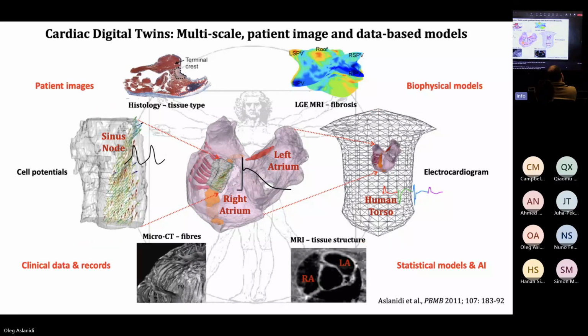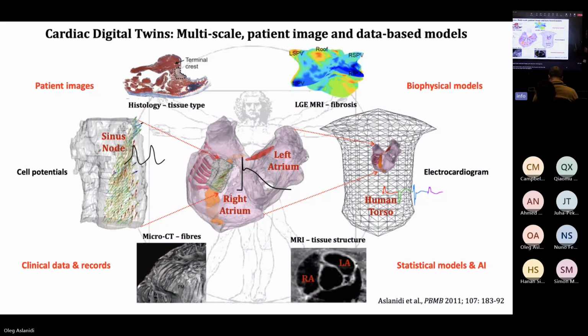Therefore, the digital twin is a collection of a lot of images from the patients, because they're easy to collect and non-invasive, and a lot of clinical data and records: disease history in the patient, signals such as ECGs, blood tests, biopsies, and so on. And then on the other side is what we use to analyze the data and link it up, because if you only have images and only have electrograms, we don't know the link between the structure and the function that we record from the body.